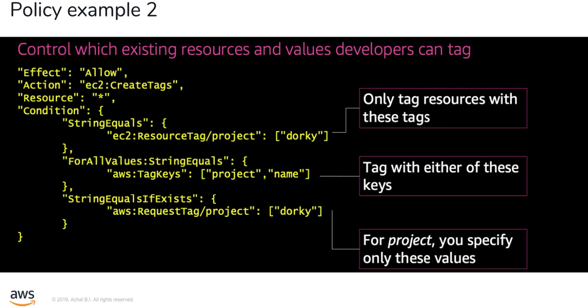The second example here is you could create a policy to control which existing resources and values a developer can tag. So here, this policy mentions whether the developer can tag an existing resource or not, and with what value.